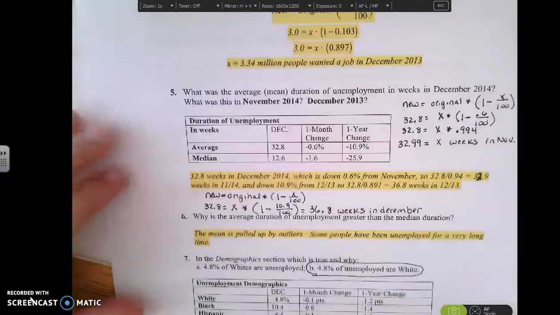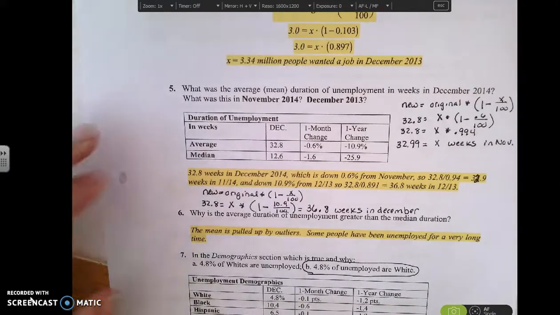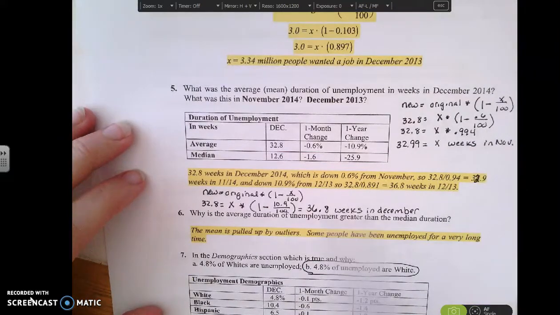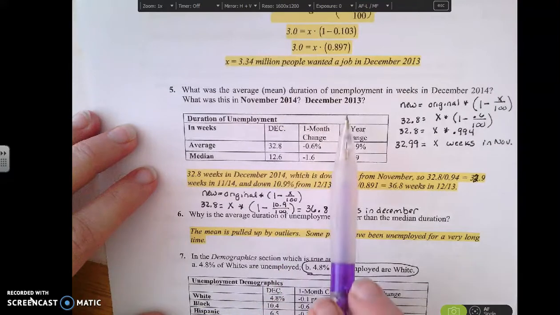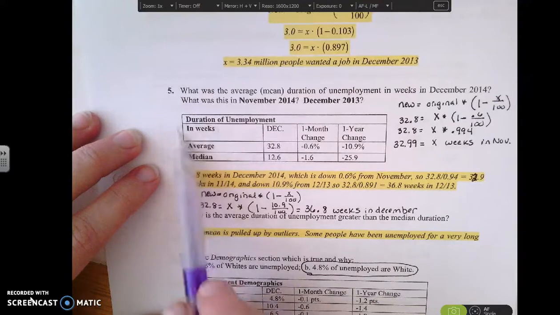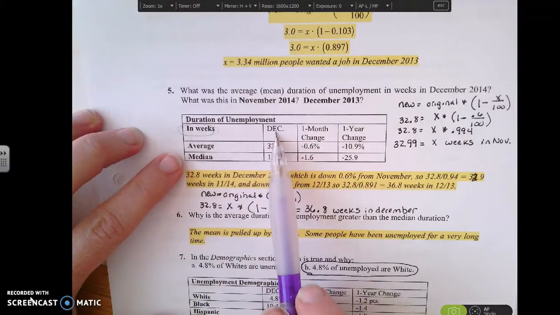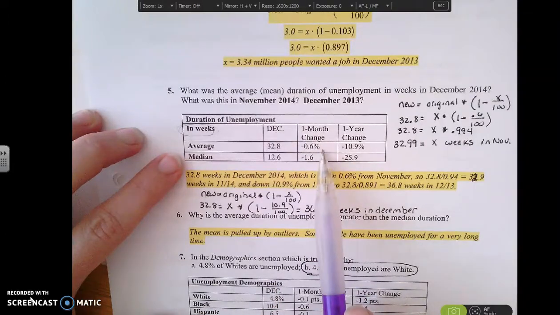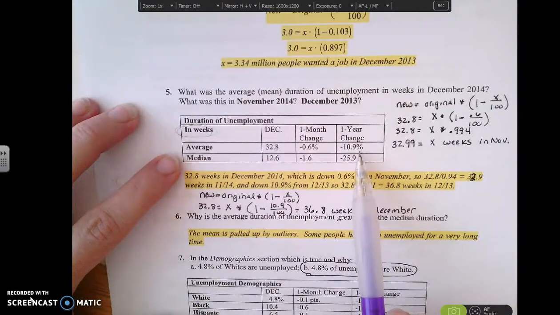Okay, here's another one. What is the average mean duration of unemployment in weeks in December 2014, and what was this in November 2014 and December 2013? We have the same kind of information, this time in weeks. So 32.8 is the average in December. The one month change is negative 0.6, and the one year change is negative 10.9.